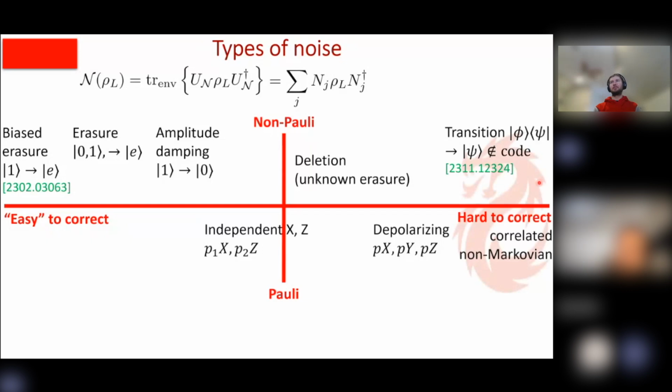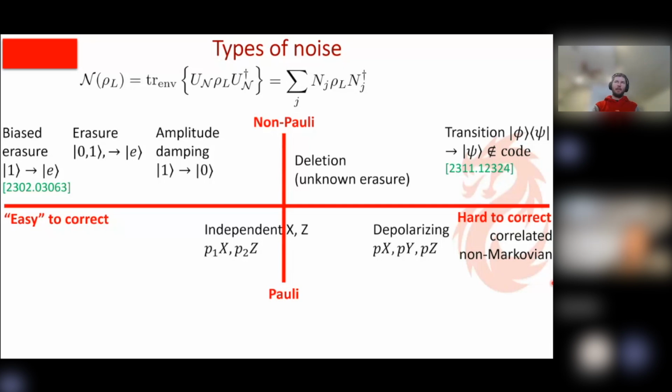Another type of noise that people study that's very difficult is noise that has correlations in time or space. Correlated here means correlations in space. So you have some noise that is correlated with some other Pauli far-ish away. If it's far, then it's not only correlated, it's also non-local, which is tricky.